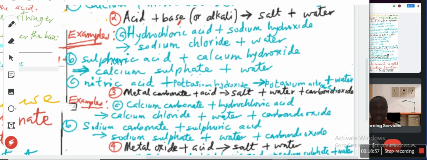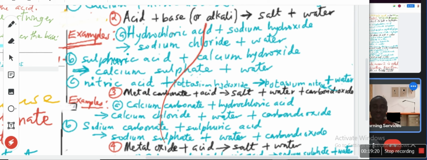That means this base has to be a metal oxide, or this metal oxide has to be a base. Because acid together with base gave salt plus water, and then acid together with metal oxide also gave salt plus water. That means metal oxide here is a base. In fact, most metal oxides are bases.